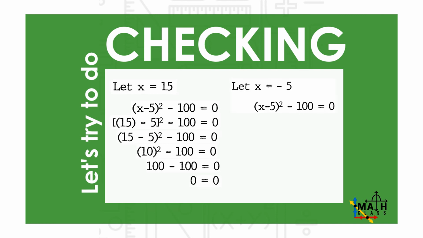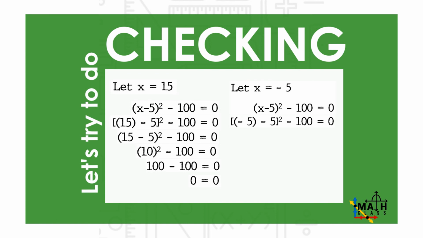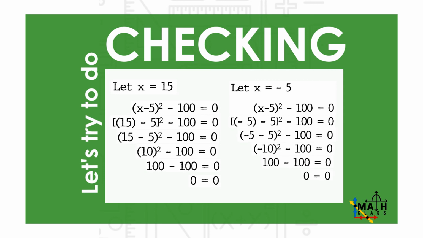Let x be equal to negative 5. Then we follow the same process of checking. Since both sides are equal, our roots or solutions of the quadratic equation are correct.